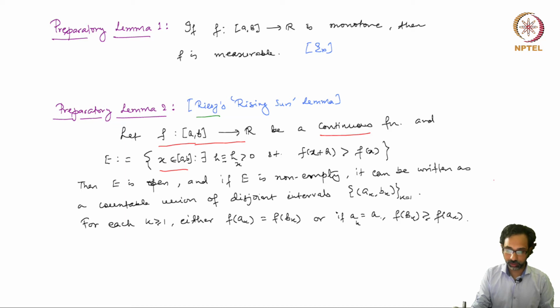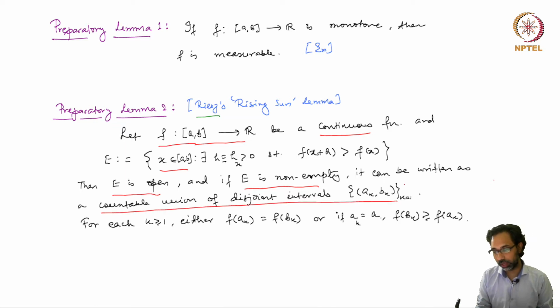Then the claim says that this set E is an open set, first of all, and if E is non-empty, it can be written as a countable union of disjoint intervals (a_k, b_k), k equal to 1 to infinity. So E is a disjoint union of all these intervals.